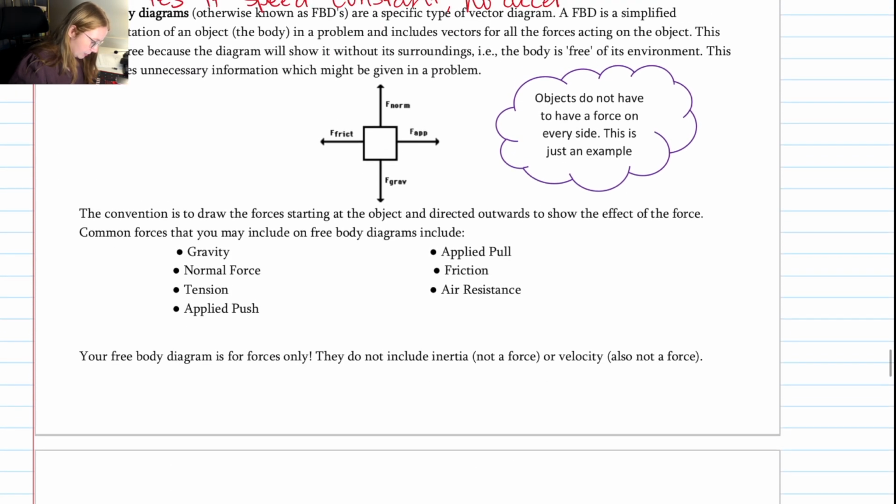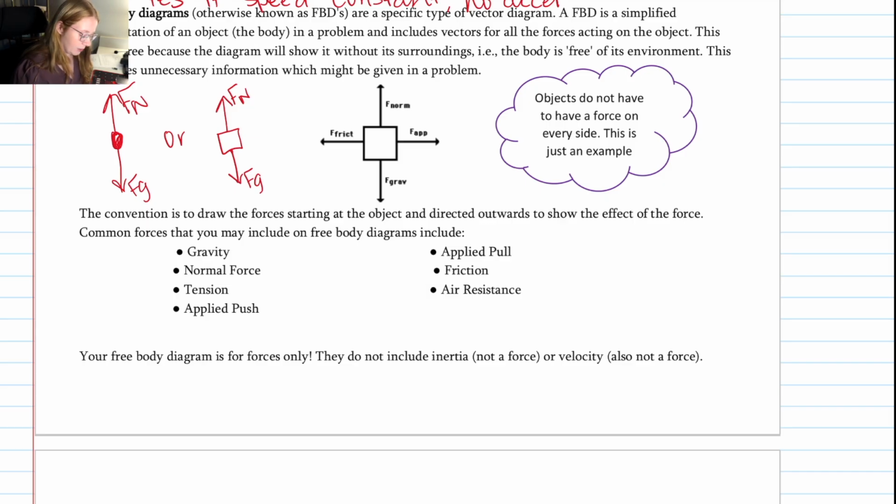Okay. Let's talk about free body diagrams. So one of the requirements for a free body diagram is you either draw it as a dot or a box. You have to draw the forces connecting to and from that box. And the arrows do have to touch the box or the circle. And the magnitude is going to matter.